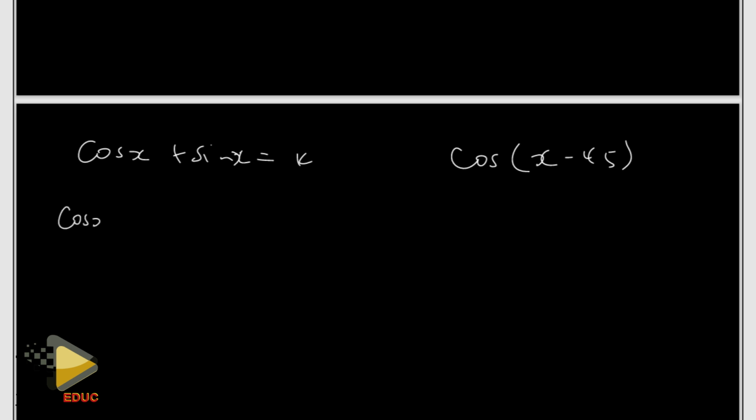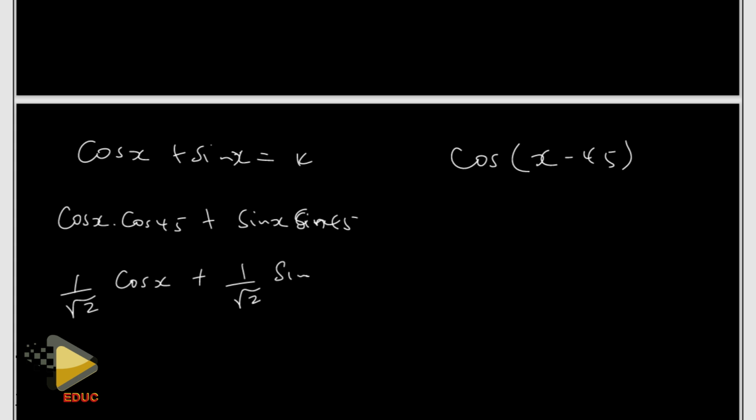So that's going to be cos x cos 45 plus the sin x sin 45. I know that the cos of 45 is root 2 over 2, which is the same as 1 over root 2. So the question never said without a calculator. So you can still use the calculator and still end up with the same thing.